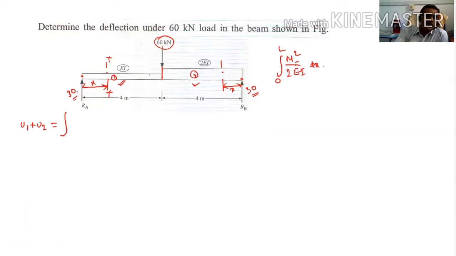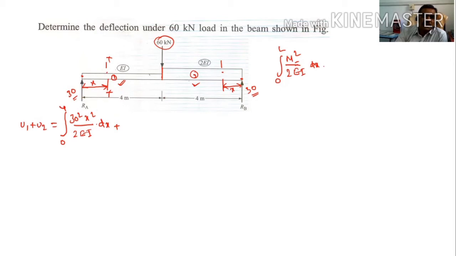For M square, here it is 30 into x. If you take moment about this point, it is 30 into x. So 30 square into x square, M square divided by 2EI into dx, plus. What is the limit? 0 to 4. The length of section 1 is 0 to 4.